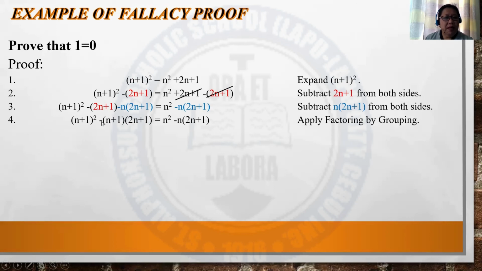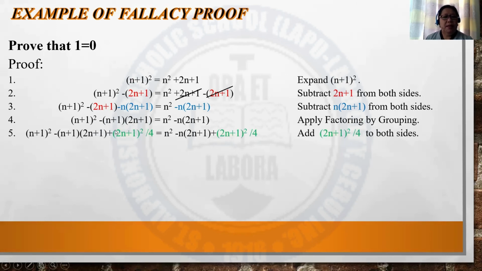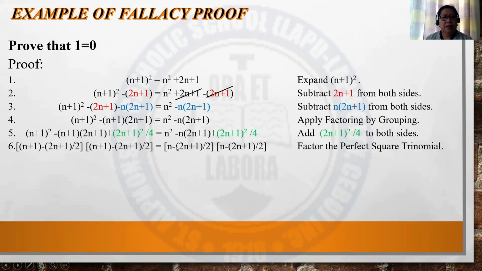When you multiply, negative times n is negative n, and negative times positive 1 is negative 1. And then afterwards, you can add the quantity 2n plus 1 squared over 4 to both sides. So this part here, you add. And then you will have to factor the perfect square trinomial.